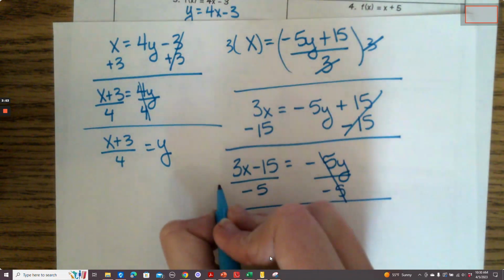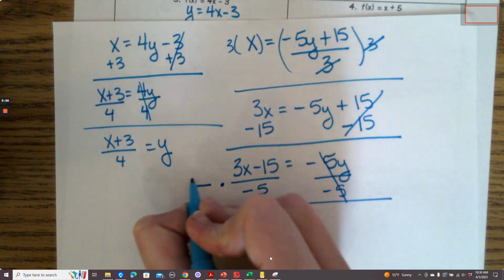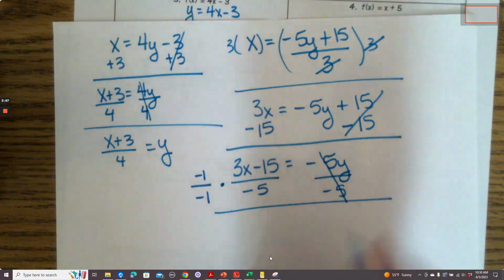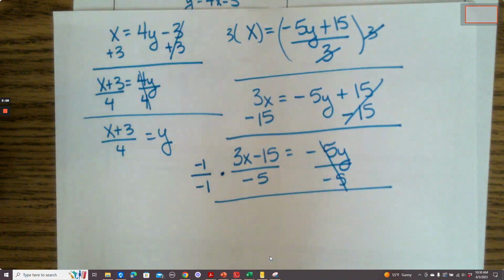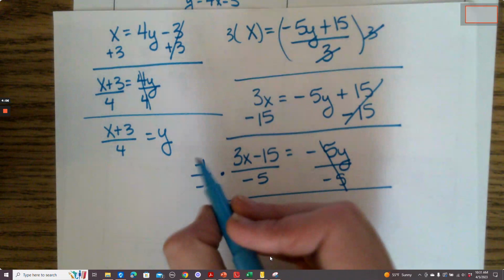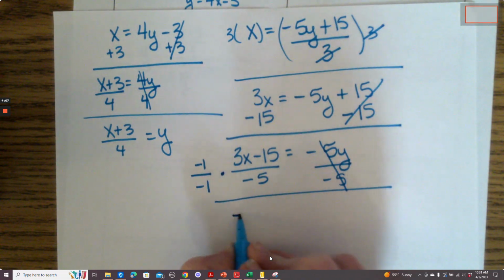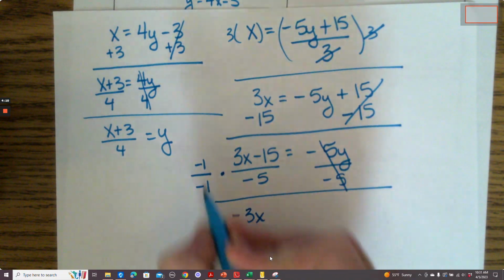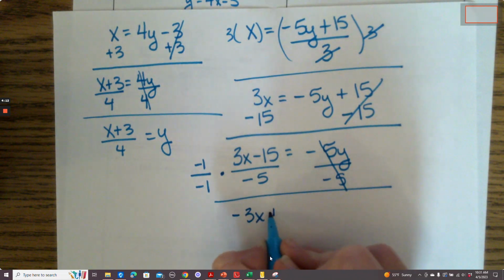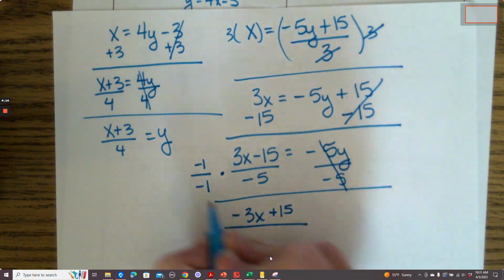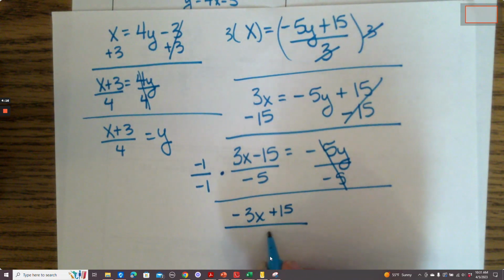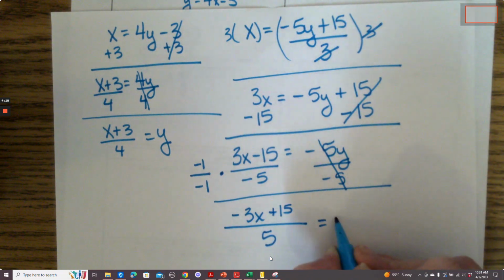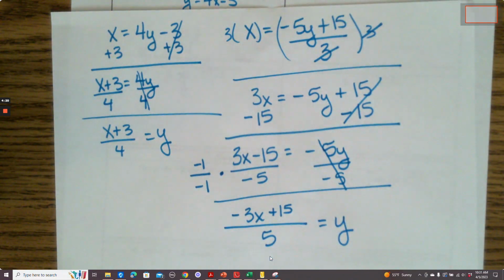With a fraction, as long as I do the same thing to the top and the bottom, it's going to keep it equivalent. So I'm going to multiply the top and the bottom by negative 1. That is the mathematical way of changing the sign. So negative 1 times 3x is negative 3x. Negative 1 times 15 is positive 15. Negative 1 times negative 5 is a positive 5. And then that equals y.